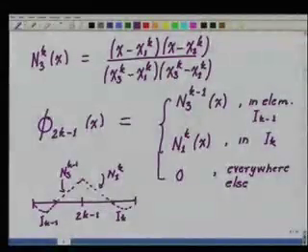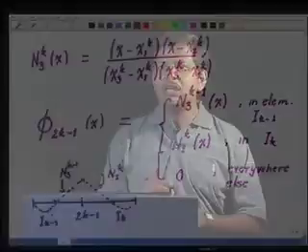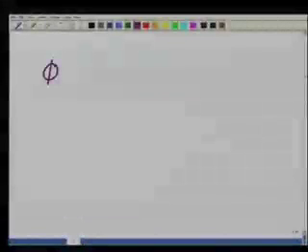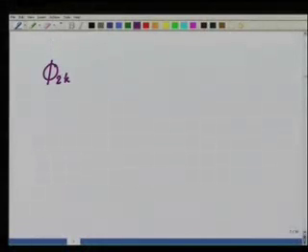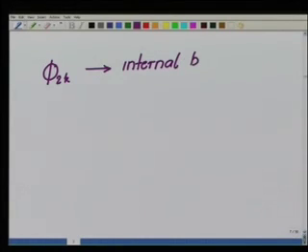What about the phi 2k, that is the even ones? The even ones, if you see, are defined only in the element. So the even ones, phi 2k, k is equal to 1 to the number of elements. These are sometimes called internal bubble functions.